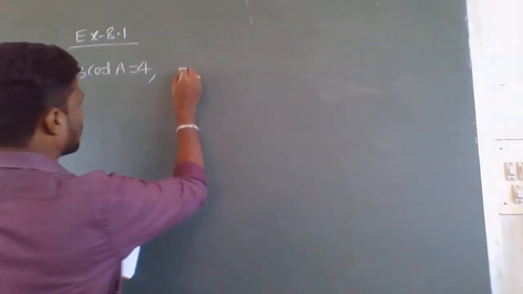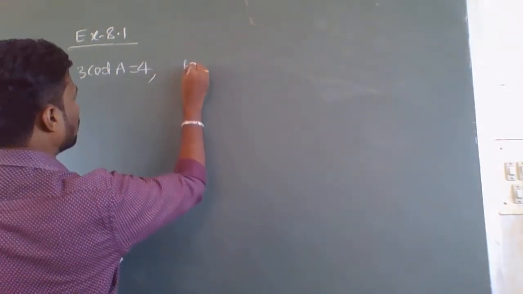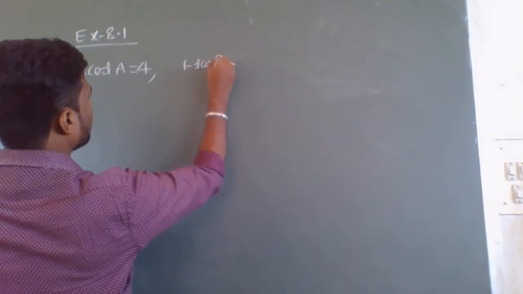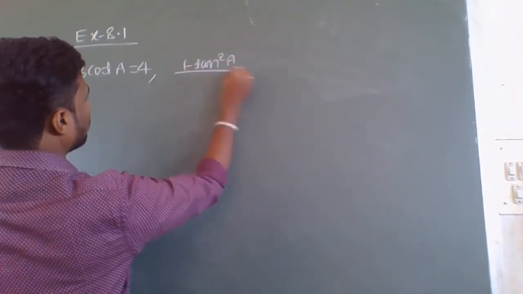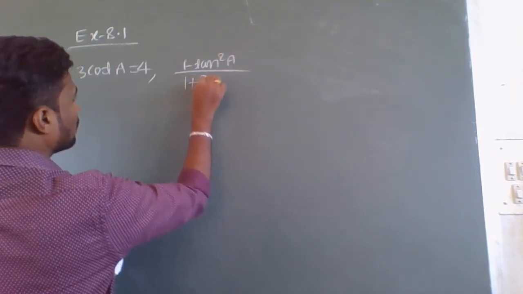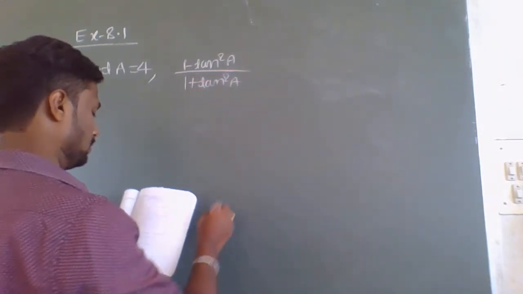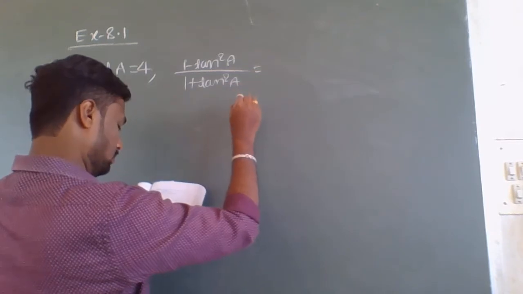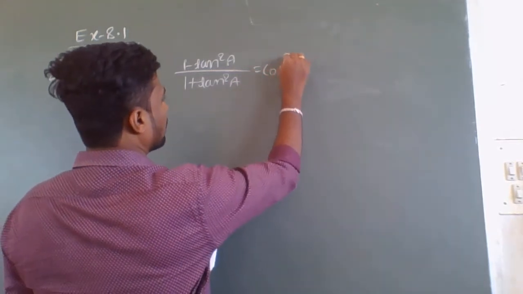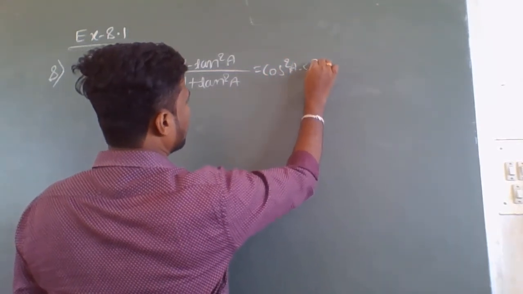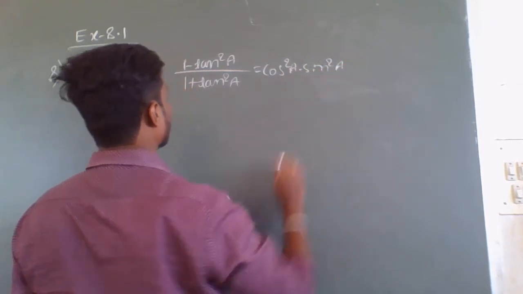So we have to check whether 1 minus tan square A by 1 plus tan square A equals cos square A minus sin square A or not.